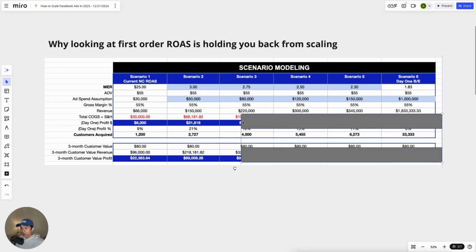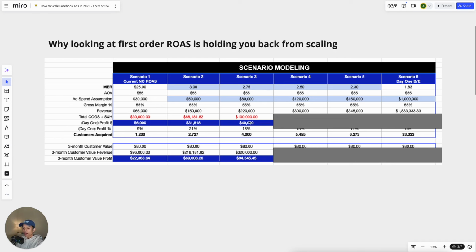If we peel back the layer, we'll see that at lower efficiency levels, so long as we're supplying a sufficient enough increase in volume, we can offset the loss in efficiency with more volume. And we actually stand to make more profit at a higher ad spend level, at a worse ROAS, so long as we're supplying sufficient volume with our ad spend. As you can see, we went from making 31K at a 3 return on ad spend, and now we're making 40K at a 2.75 return on ad spend.